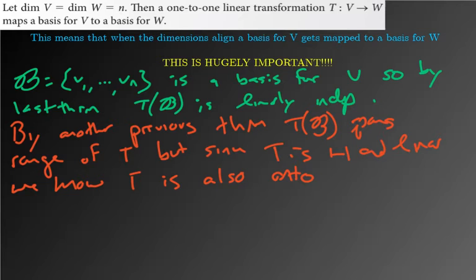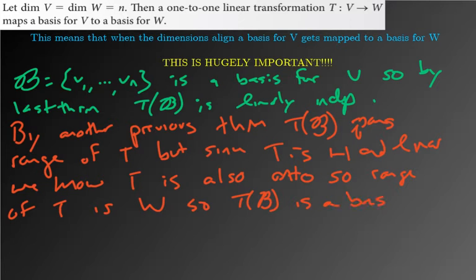You get that for free. So the range of T is W, which is what we want. So T of B is a basis. That's a horrible run-on sentence, but I don't care. T of B is a basis for W.